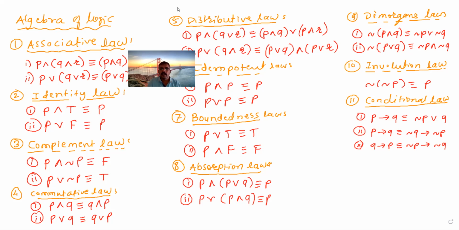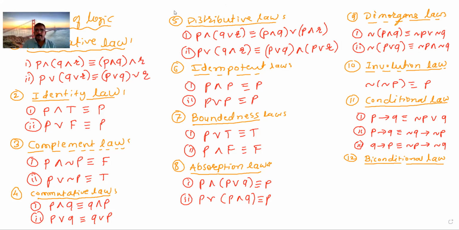And now the next one, number 12, is biconditional law. Let us see what the biconditional law is.